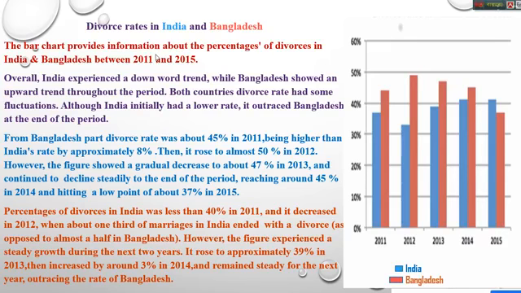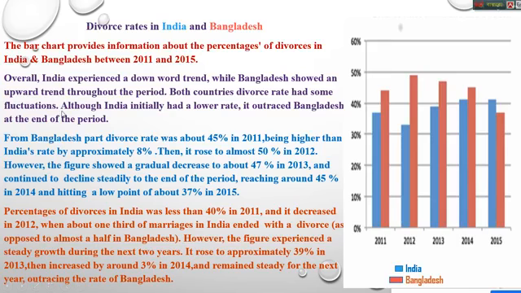So in the overview paragraph, you see, overall India experienced a downward trend in terms of divorce rates, though at the very beginning it was less than Bangladesh, while Bangladesh showed an upward trend. Throughout the period, both countries' divorce rates had some fluctuations.